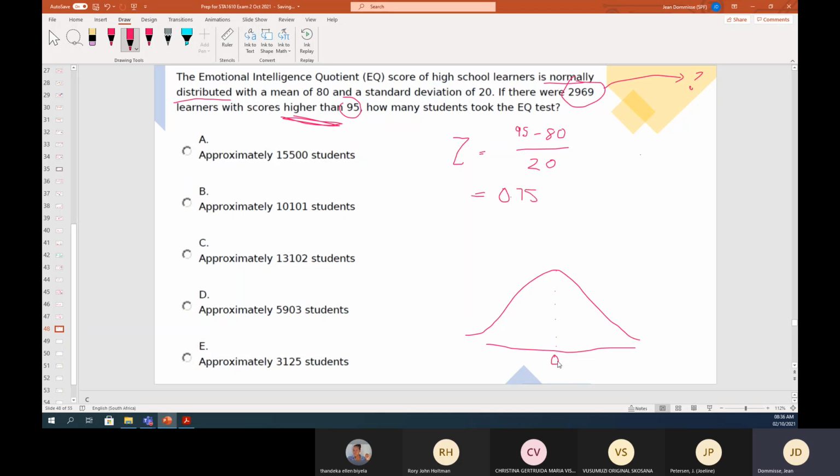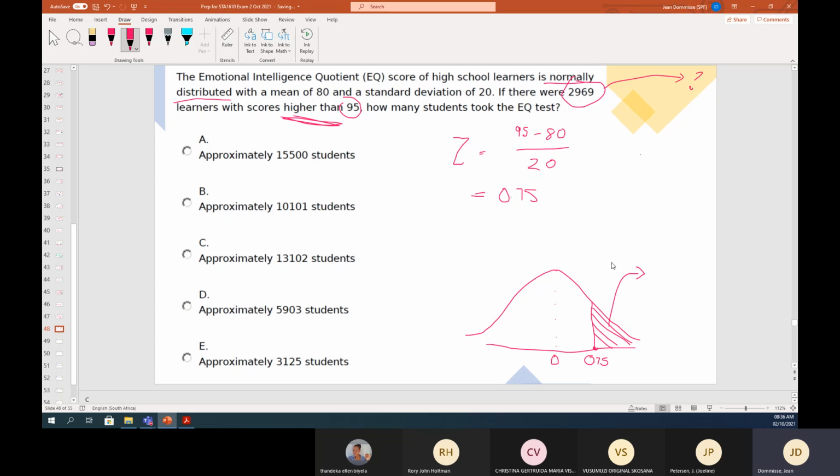Okay, so 0.75 is bigger than 0, so let's say it sits somewhere here, 0.75. Okay, so higher than 95, so we want to see what that probability is. Okay, so I want to get to that area.